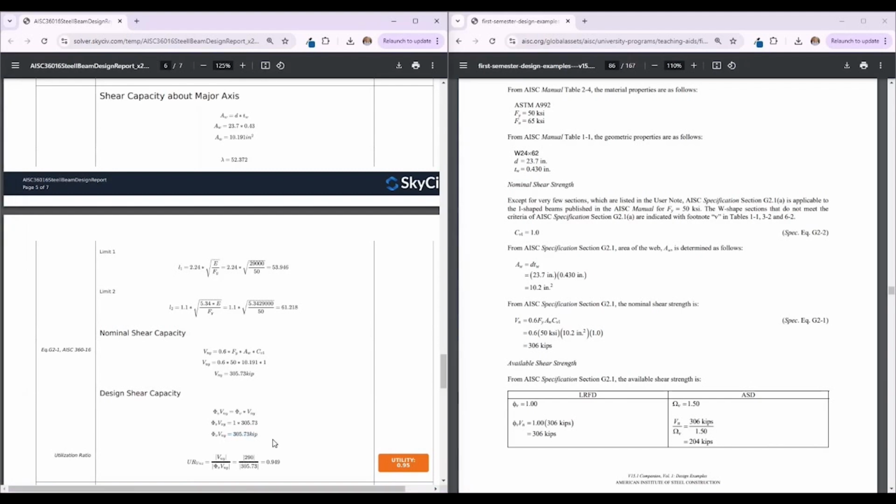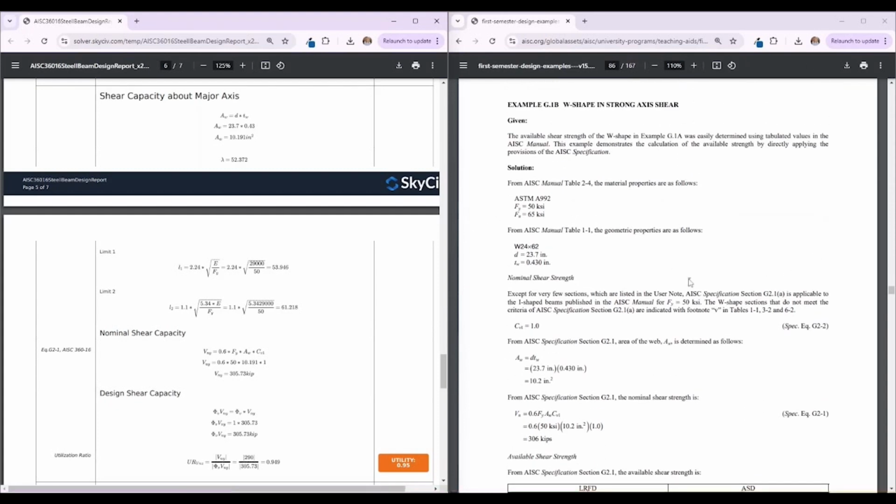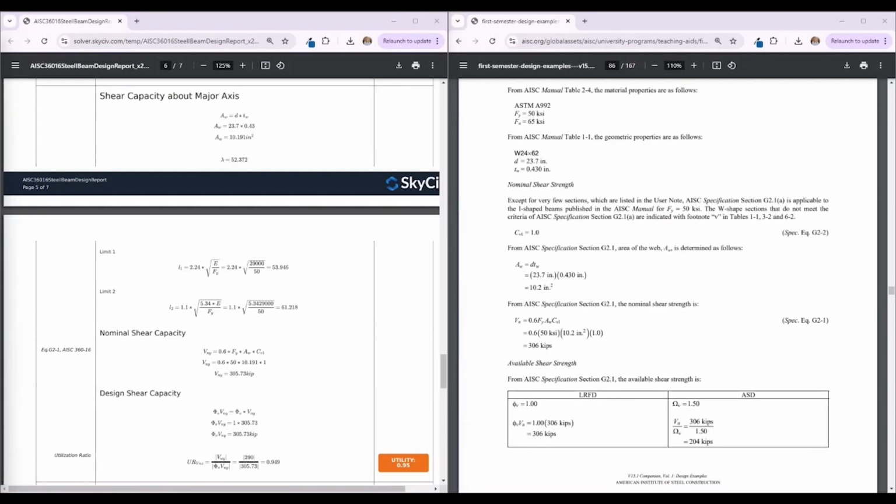Both examples illustrate how to determine the shear capacity for W-shaped beams. It's vital to validate these outputs to ensure structural safety and compliance with design codes. In today's video, we worked through examples G.1a and G.1b from the companion to the AISC Steel Construction Manual Volume 1 design examples.